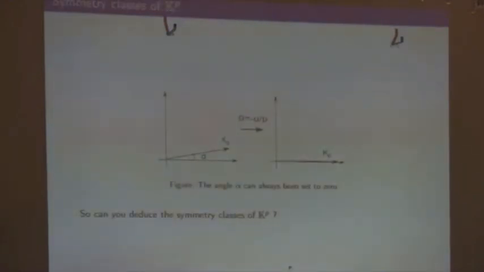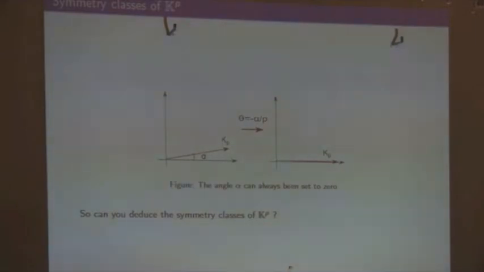Something interesting: if you choose to represent one irreducible element, here I just take an element in Kp, so an irreducible tensor of order p, and put it in an adapted frame that I choose.